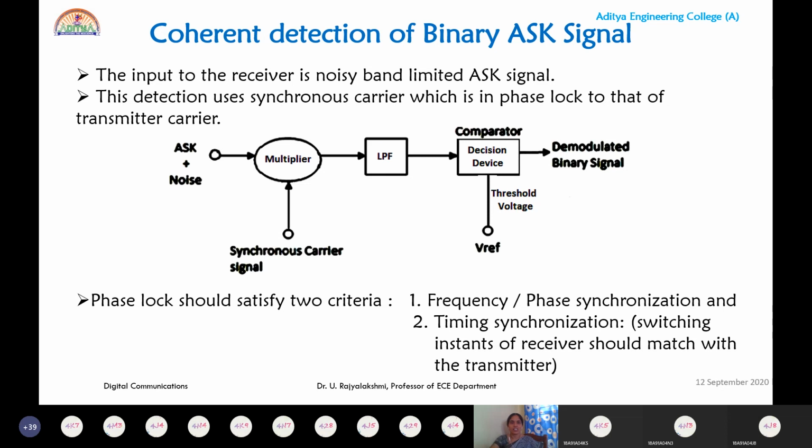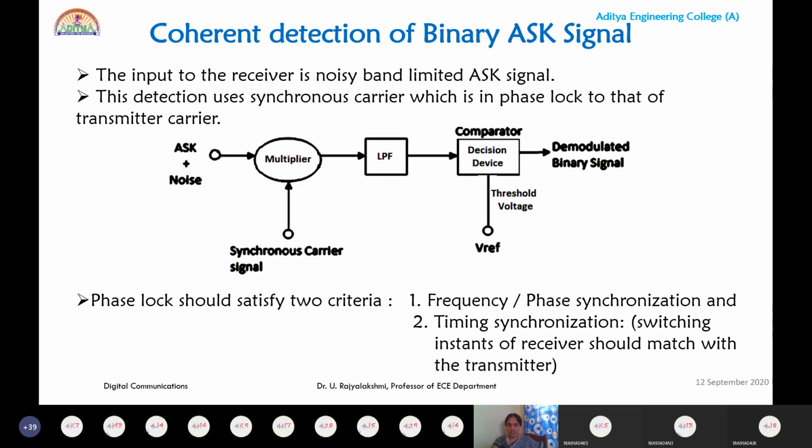The decision device compares the output of the low pass filter with the predefined reference voltage or threshold voltage. You can also call this section a comparator. Here it compares the low pass filter output with the reference voltage and provides a decision.